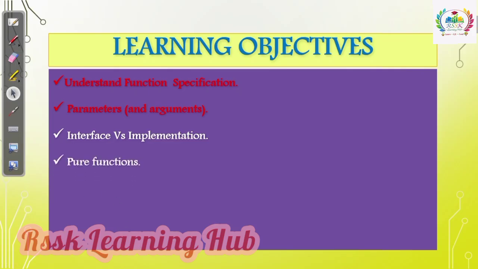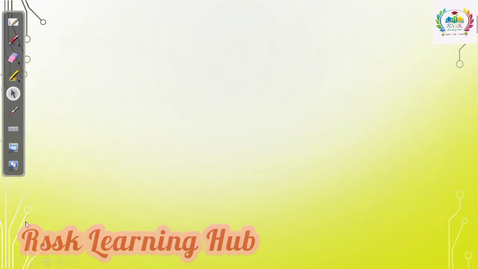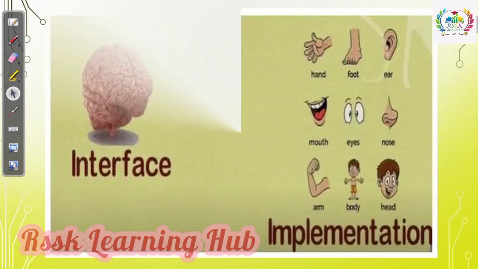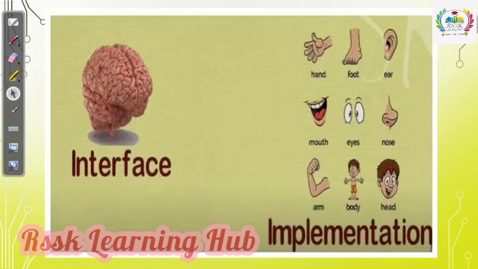Those are the things we are going to see in today's class. See this: interface versus implementation; what is a pure function, what is an impure function and what are the side effects of using an impure function; then how to access a variable outside the function. These are the things we are going to discuss in this class.